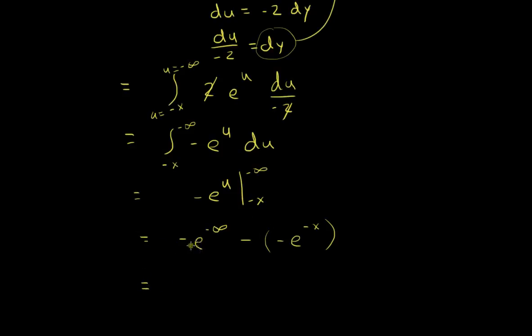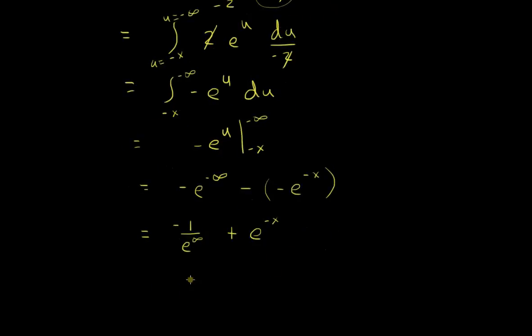I have negative e to the negative infinity. When you have a negative exponent, this is the same thing as 1 over e to the positive infinity; it's basically on the bottom of a fraction. The negative and negative make a positive, so the other term is e to the negative x, which I could have written as 1 over e to the positive x.